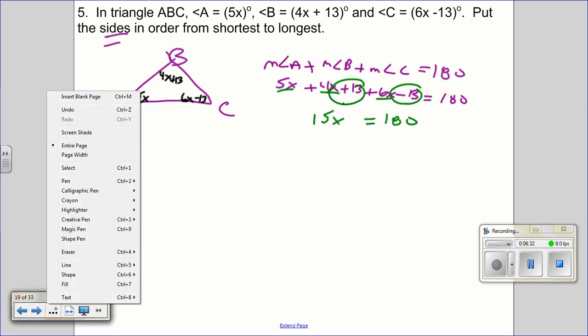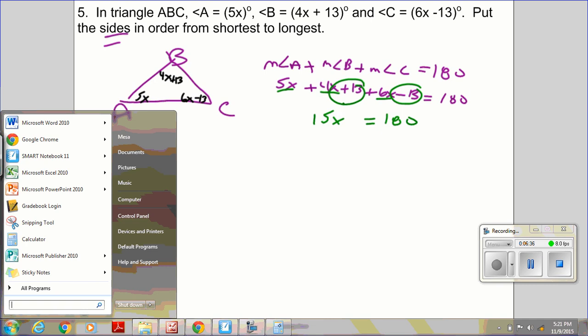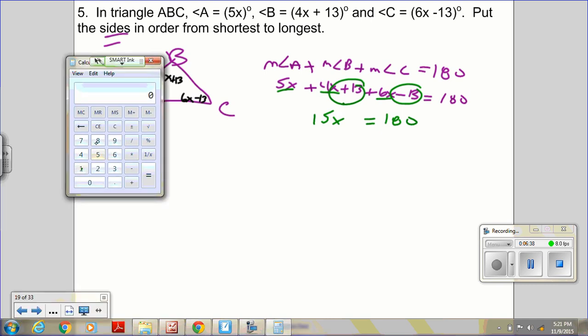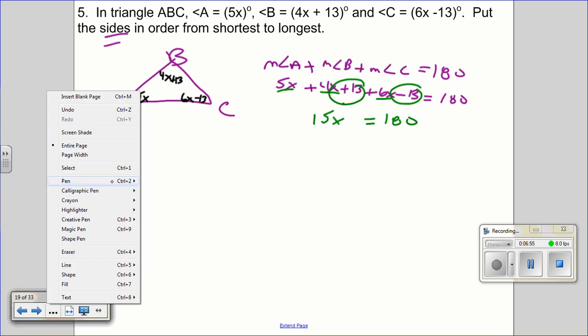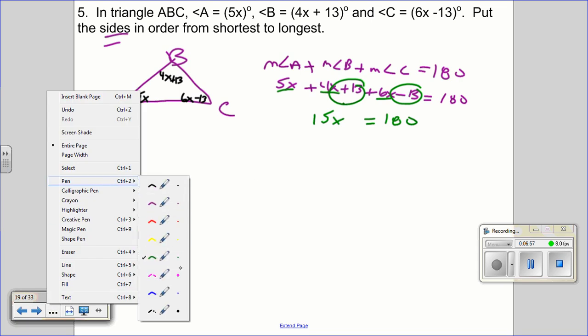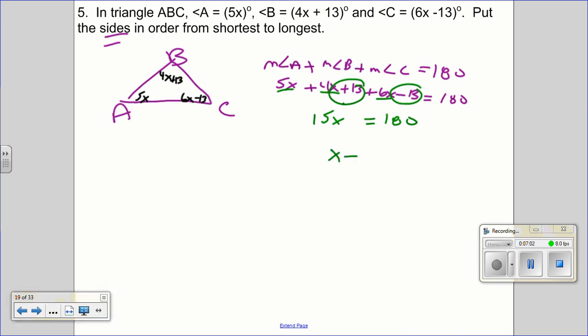Hold on, I gotta check. It's 12. So x is 12.